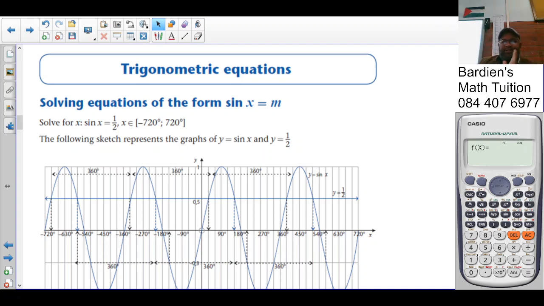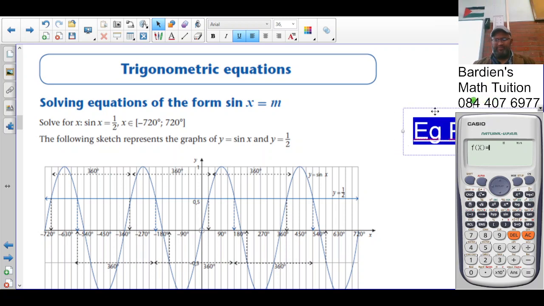Okay, so trigonometric equations, we're on page 209. The explanation actually.